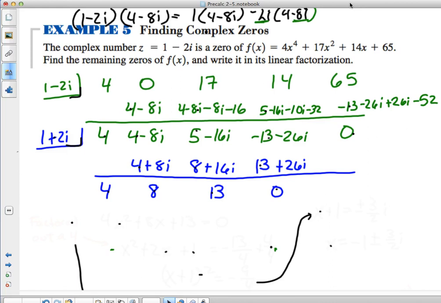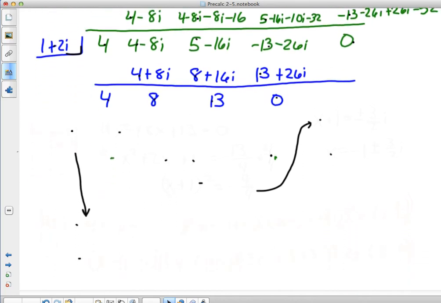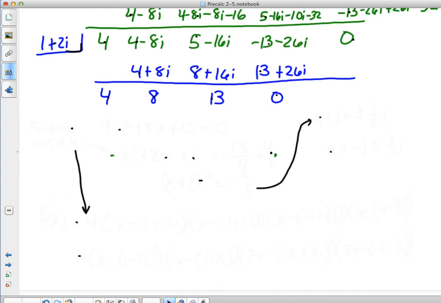Now, the next part of this is I'm finding the remaining zeros and writing it in the linear factorization form. So although I've got my zeros, I'm still going to write it in my linear factorization form, and I'm going to give a list of zeros as I'm done. But now I'm at 4x squared, and I'm just going to do this clean.